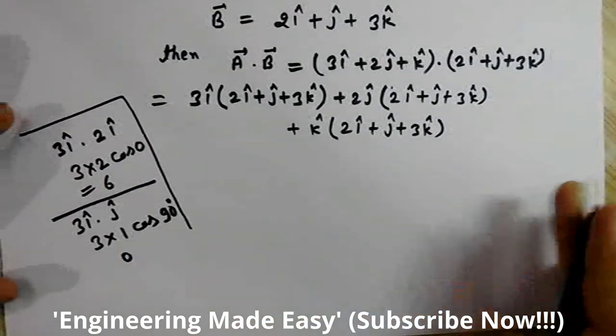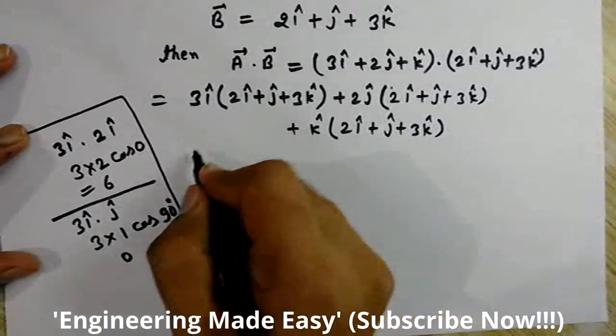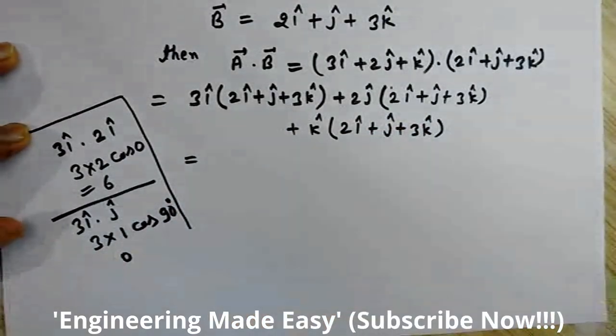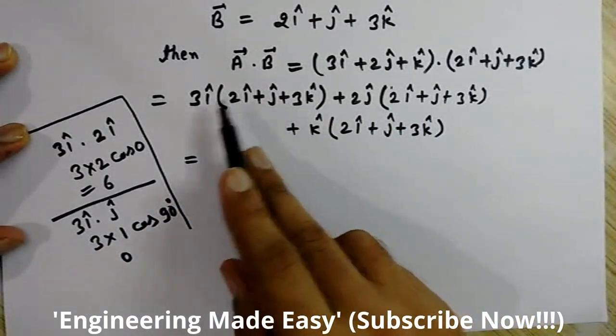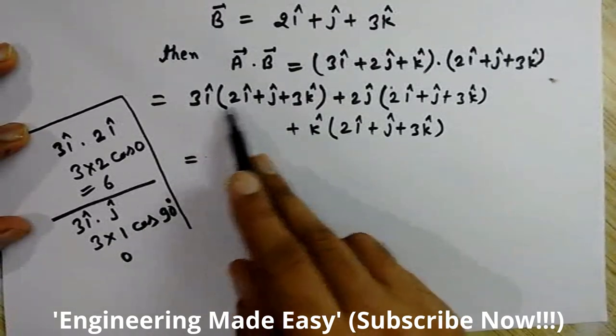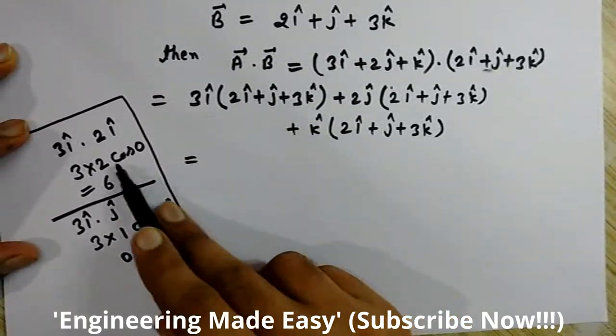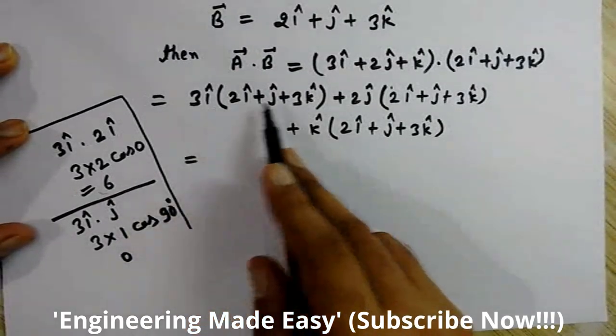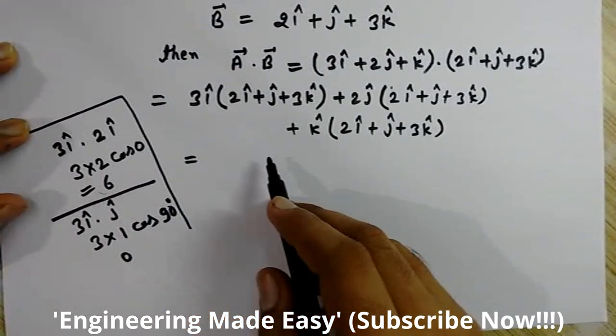So keep it in mind, the corresponding vectors which are along the same direction would give us just the product of the magnitudes, and in other cases it would be 0.